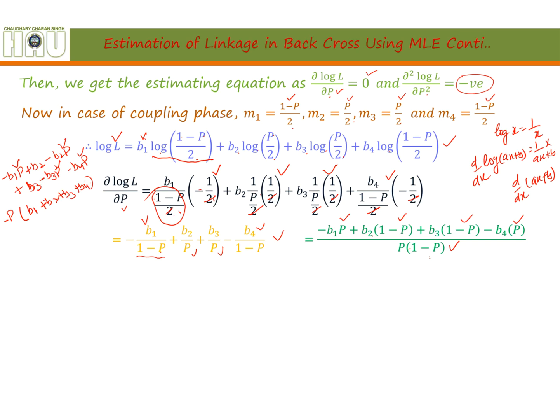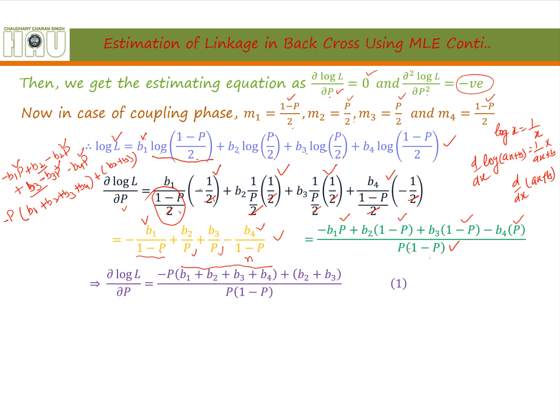I am left with only two terms, that is B2 and B3. So if you simplify this expression, finally I'll get minus P into B1 plus B2 plus B3 plus B4, plus B2 plus B3. Now what is this?